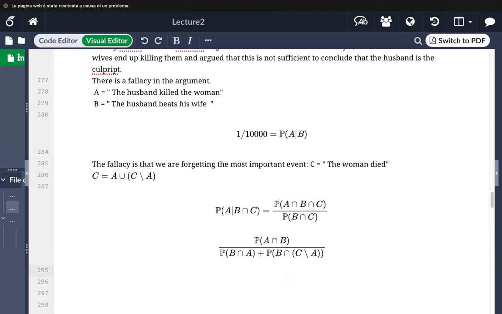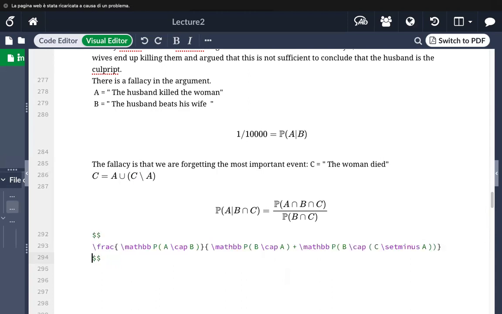Something like this. Well, now we simply take as a common factor the probability of A and B.